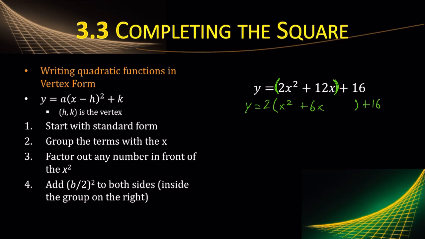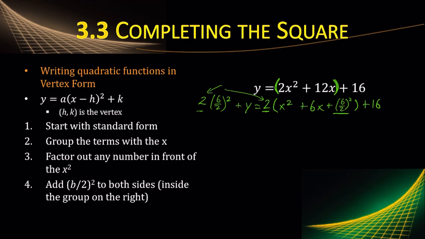All right, next we need to add half of b, squared, to both sides. So I'm going to add half of 6 squared. I'm going to do that to both sides. However, on the left side, it is 2 times that, so this 2 has to be there also. 6 over 2 is 3.